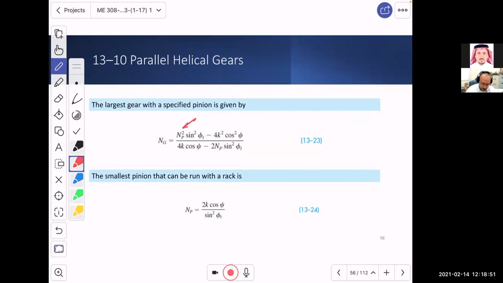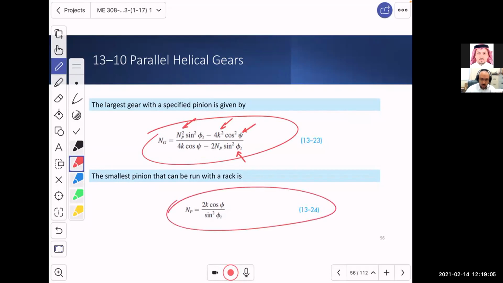Knowing the number of teeth on a pinion, knowing k, knowing the helix angle and the pressure angle, this equation is also not very different from the spur gear equation. And finally, the equation for a rack. We did this. I am pretty sure if you have a good memory, you remember all of this. So it's just the same story. As I said, you can put them in a table and you will see how they compare to each other.